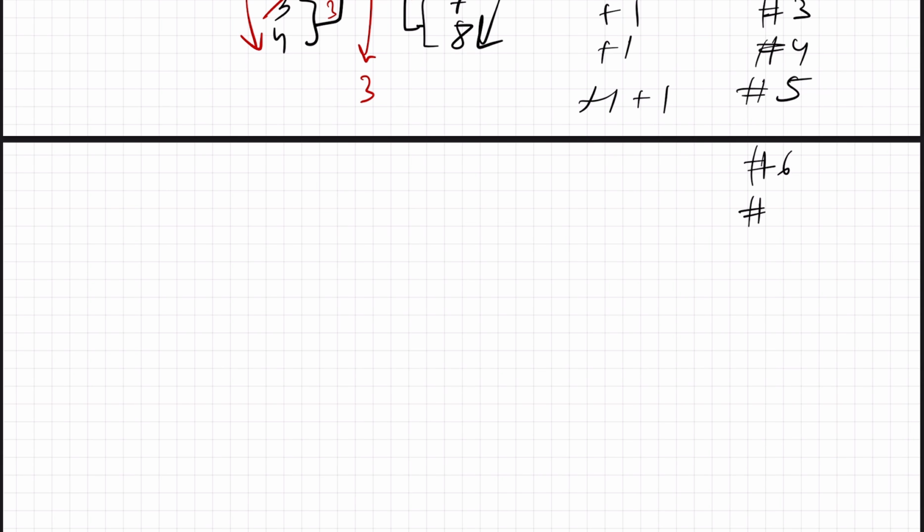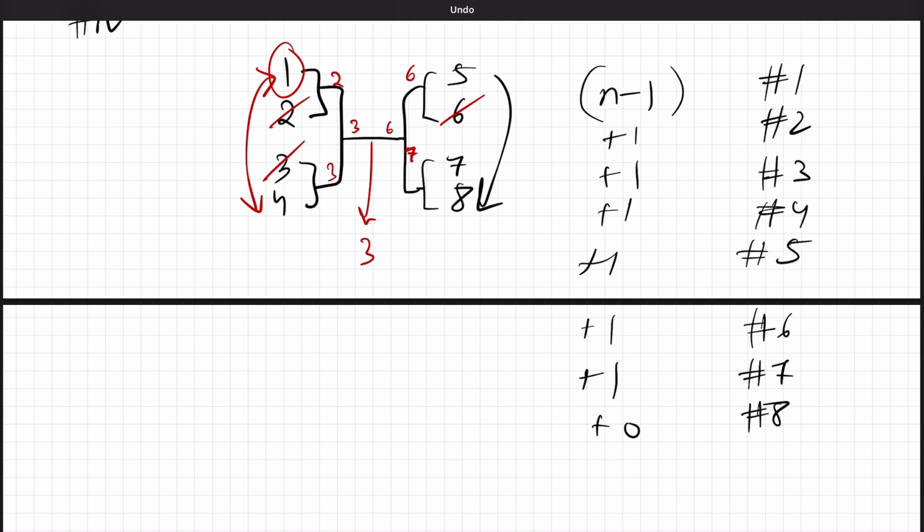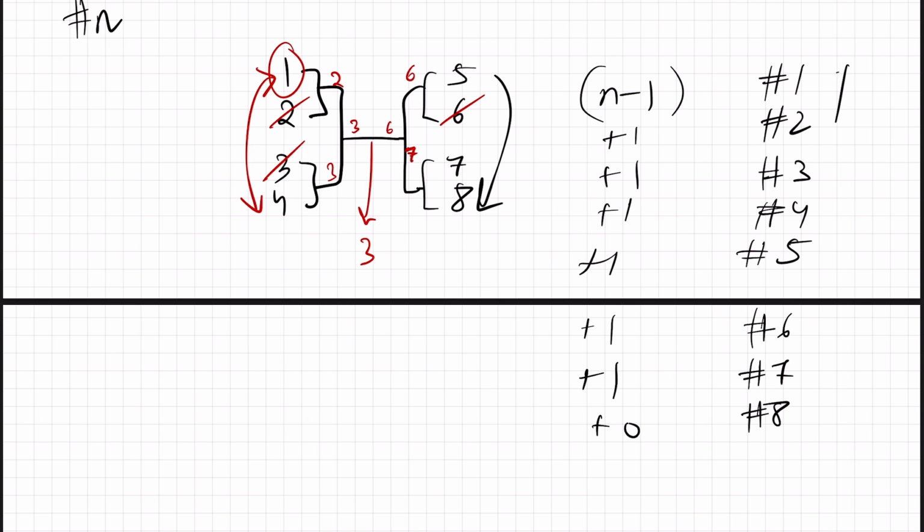Number 6, number 7, number 8, and okay. So it kind of follows this pattern here, where we need to play n-1 to determine the winner, and then we just play additional ones until we get to the final team, where we just use process of elimination.